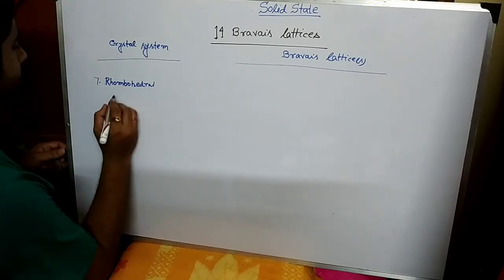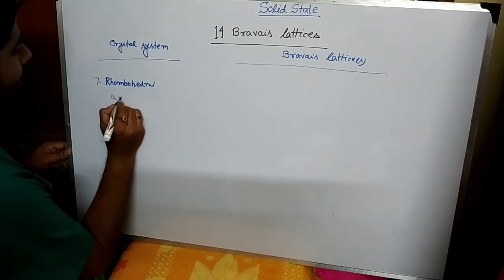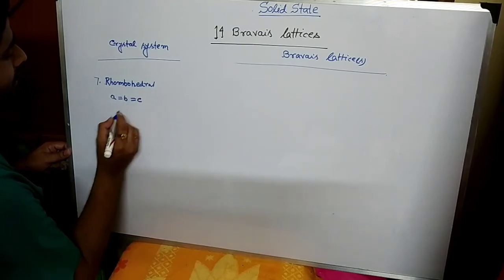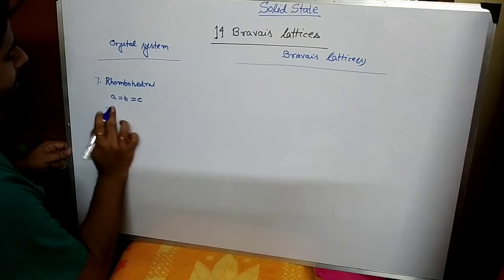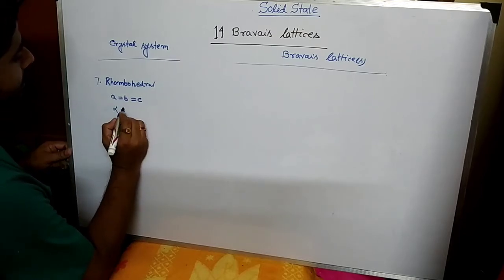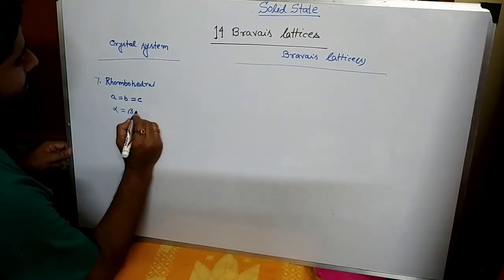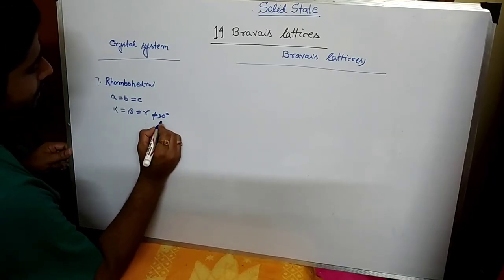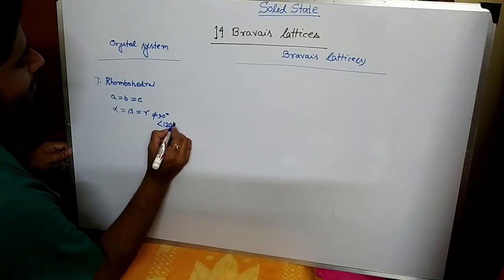Rhombohedral, the restriction is a equals to b equals to c, alpha equals to beta equals to gamma not equals to 90 degree but less than 120 degree.